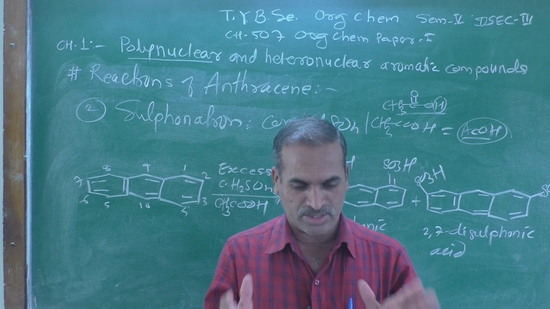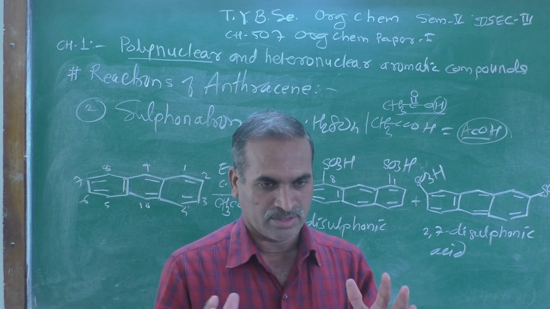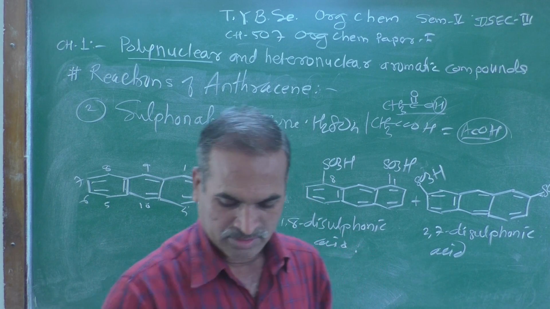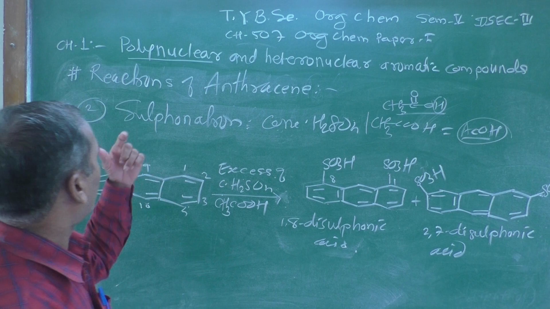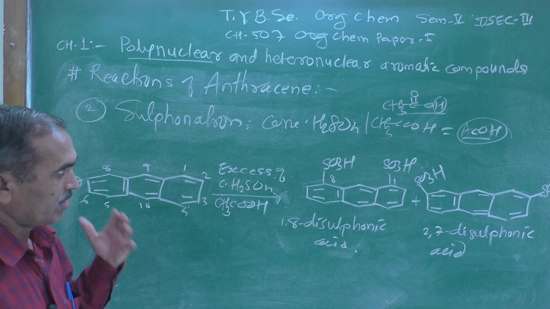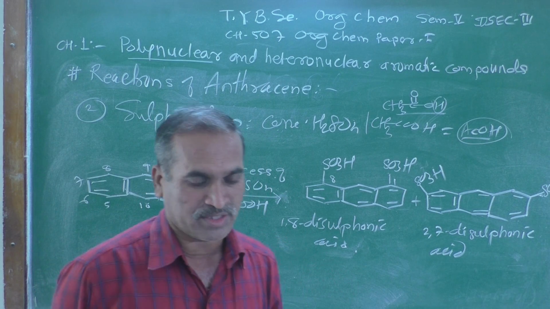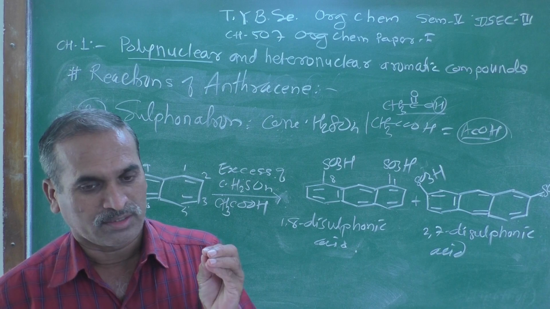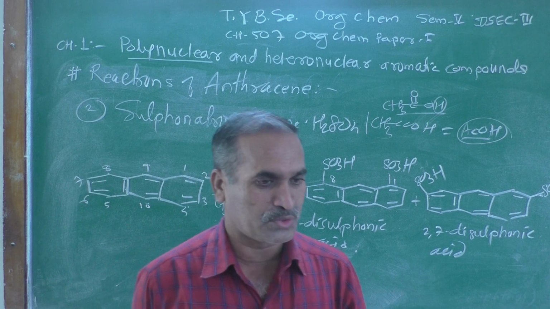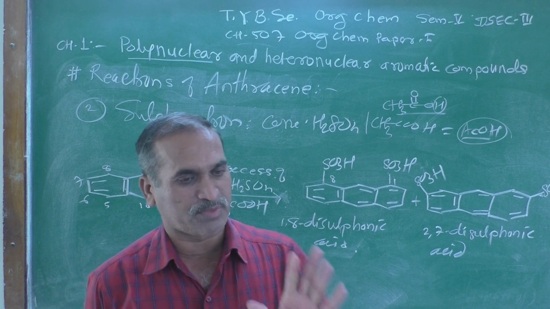I think yesterday we were discussing the reactions of anthracene, specifically sulfonation. When concentrated H2SO4 in presence of acetic acid is used with an equivalent amount of anthracene, it gives a mixture of the alpha as well as the beta isomer.